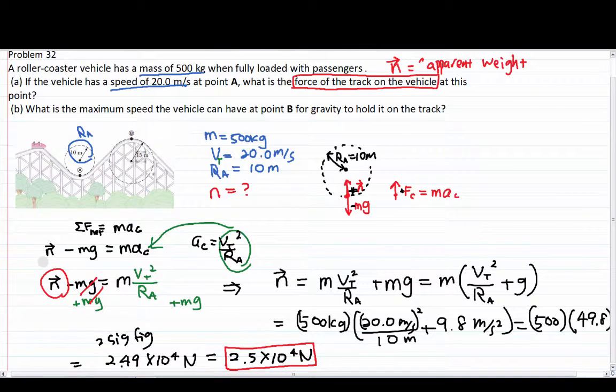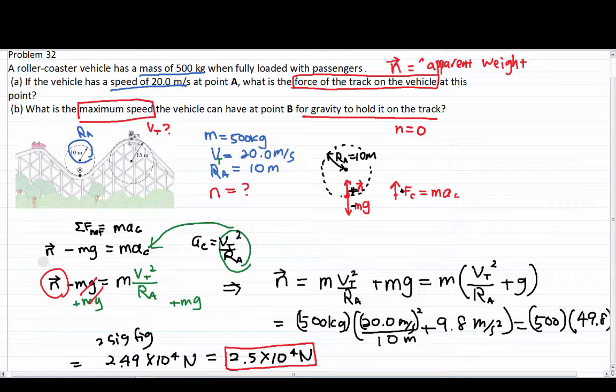Well, we just answered A, now let's try B. What's the maximum speed, v_t, the vehicle can have at point B for gravity to hold it on the track? This is another way of saying N equals 0.